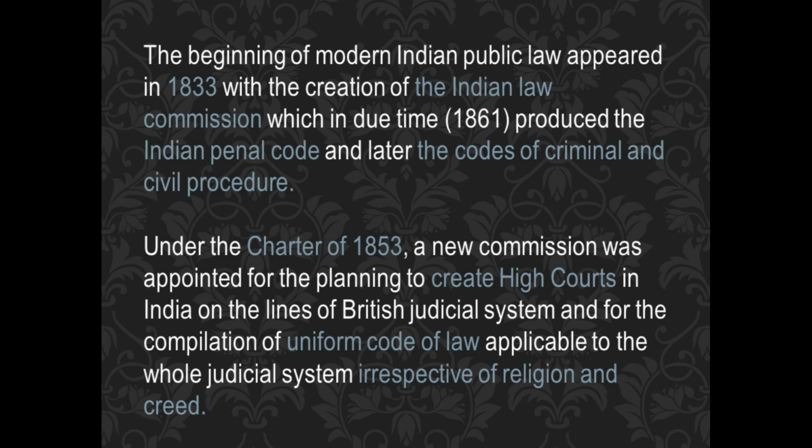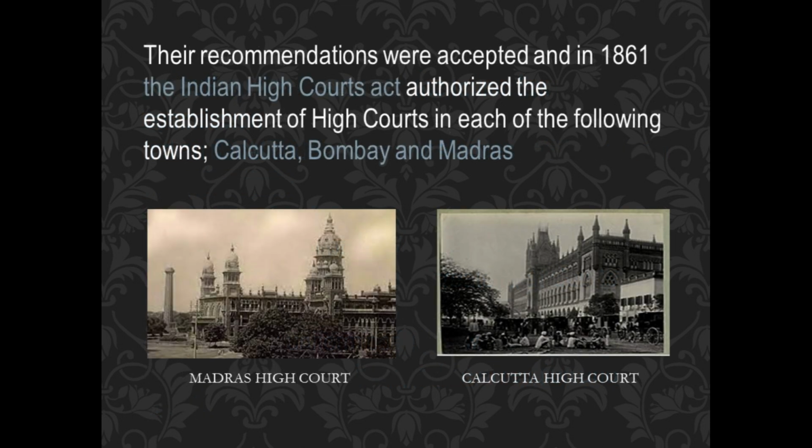Under the Charter of 1853, a new commission was appointed to plan the creation of high courts in India on the lines of the British judicial system, and to compile a uniform code of law applicable to the whole judicial system, irrespective of religion and creed. Their recommendations were accepted, and in 1861, the Indian High Courts Act authorized the establishment of high courts in Calcutta, Bombay and Madras.